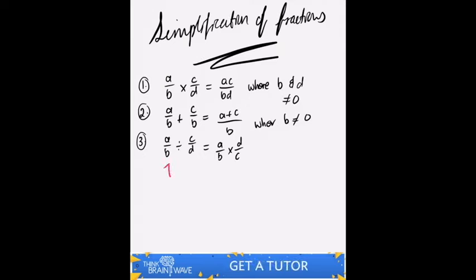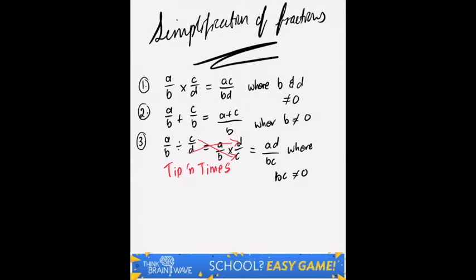We call this tip and times, because you go from divide and you flip your denominator and your numerator like this and like that, and you get ad over bc, where bc may not equal 0, and d may also not equal 0.